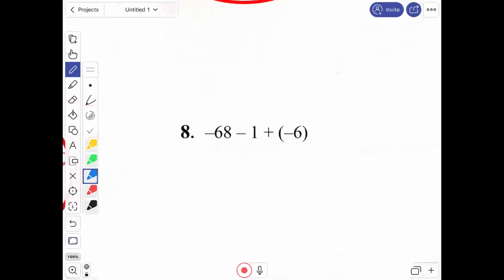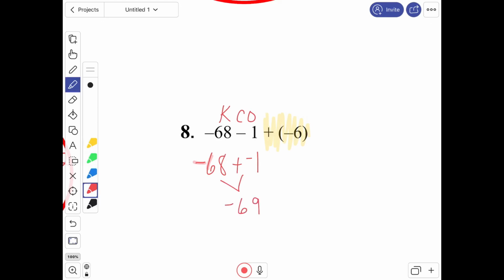Okay, and then it gets kind of complicated when we get several numbers. So again, take it 2 numbers at a time. Don't look at this part just yet. Only look at the negative 68 minus 1, which would be negative 68 plus negative 1, because we keep, change, opposite. And negative 68 plus negative 1 makes negative 69.